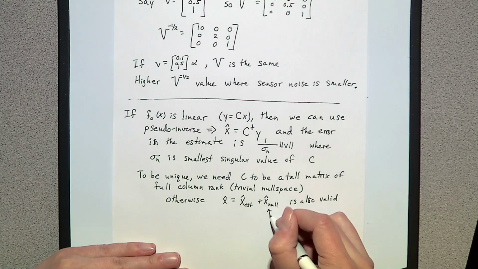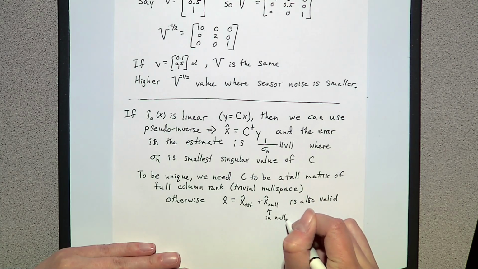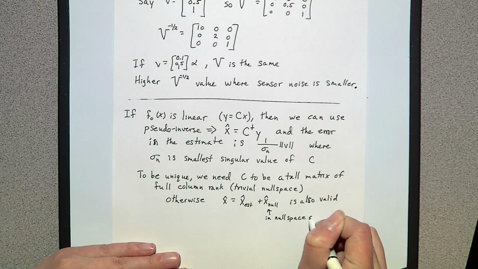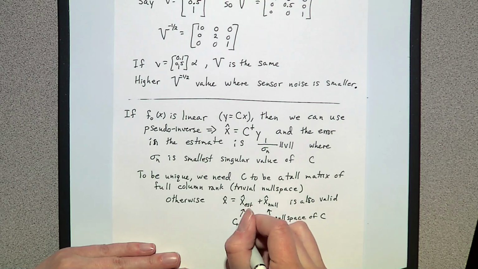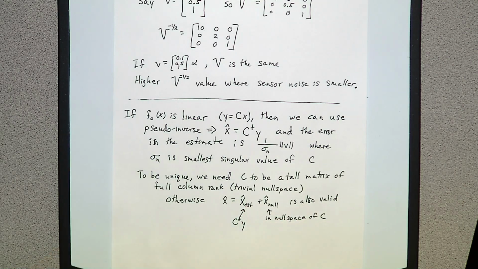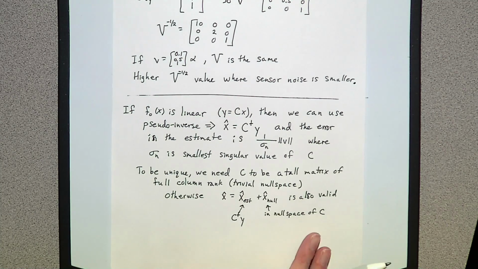So this is in the null space of C, and that would be from our C pseudo-inverse y. And so then we no longer have a unique solution because we can add any vector from the null space and still have that satisfy our relationship.